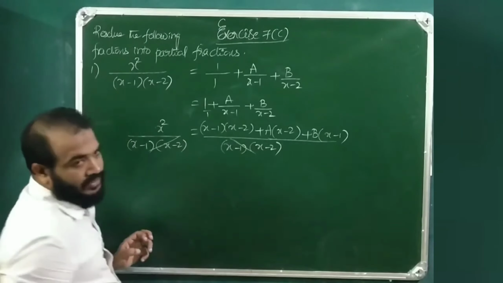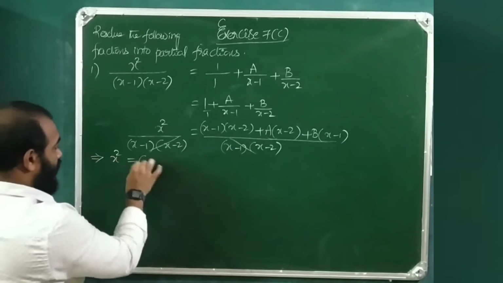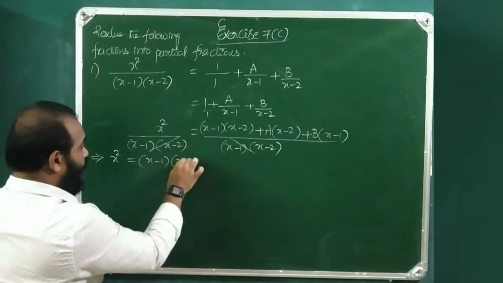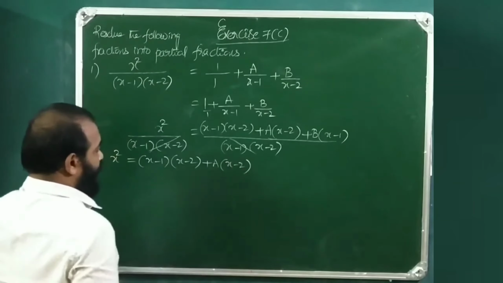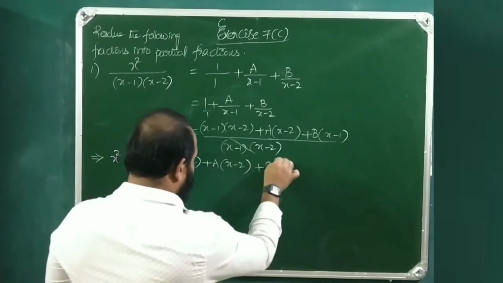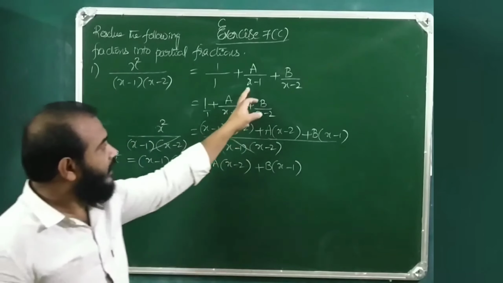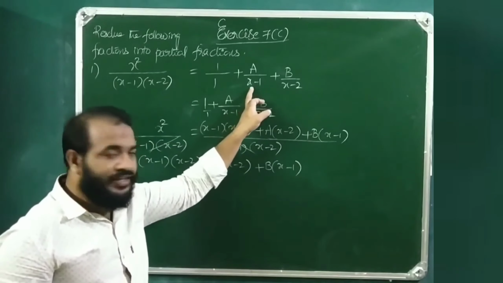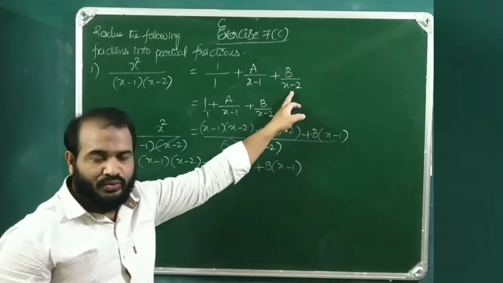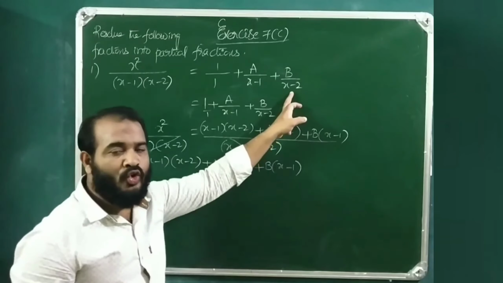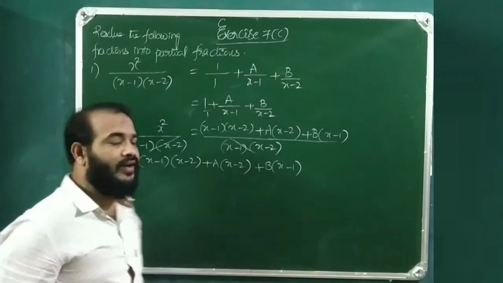These two get cancelled. So we are left with x square equals (x minus 1) into (x minus 2) plus A into (x minus 2) plus B into (x minus 1). So x minus 1 as a linear factor equated to 0 gives x equals 1, and here x equals 2. These are the two values we are going to substitute for x in this equation.